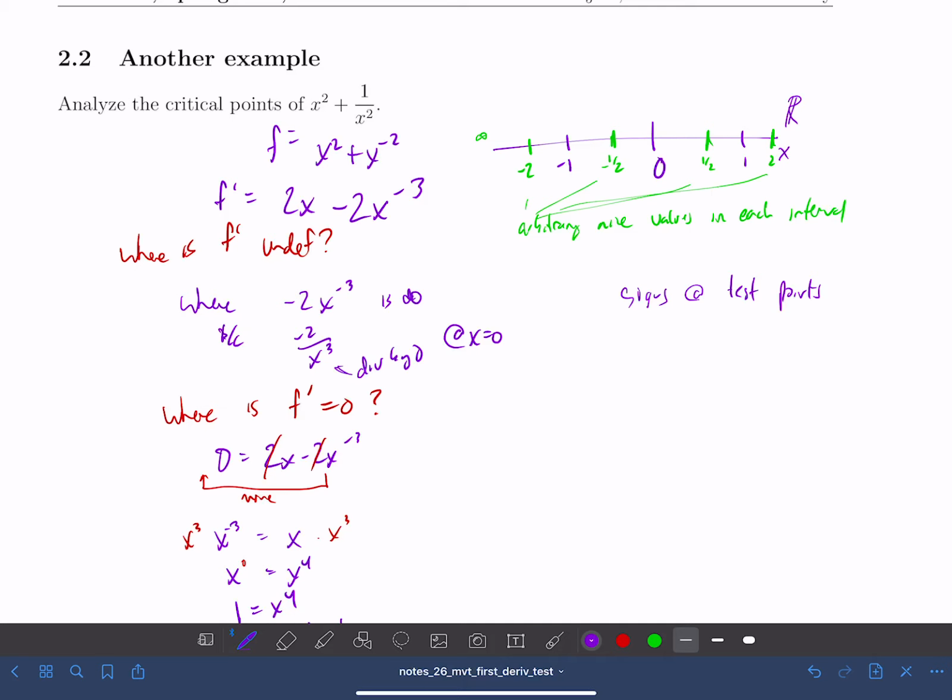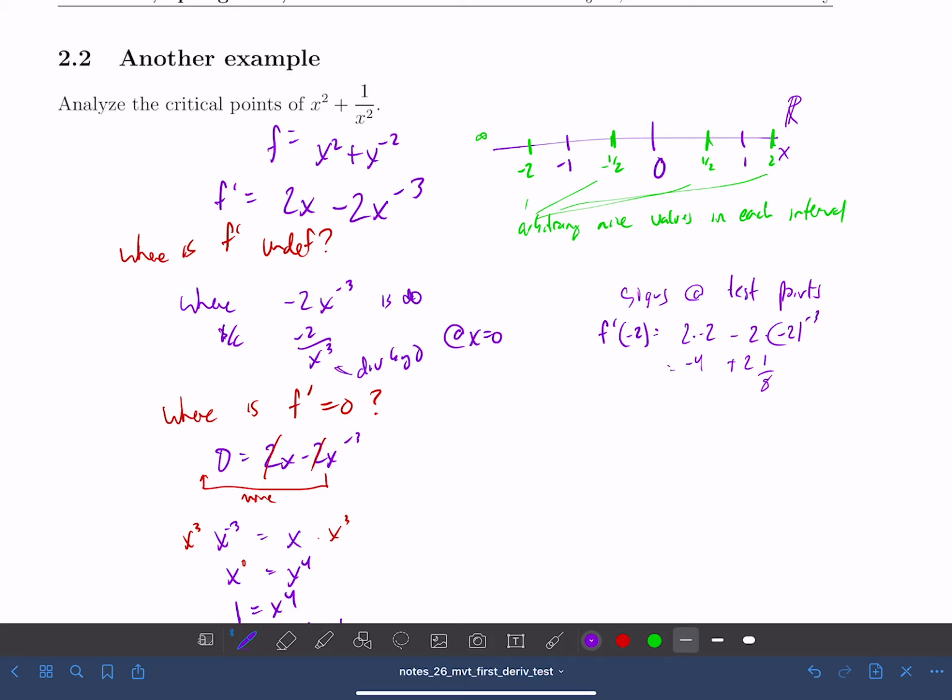I need to know the signs at the test points. So I need to know f prime at -2. That's 2 times -2 minus 2 times -2 to the -3. Let's see here. So that's equal to -4 minus 2 times 1/8.